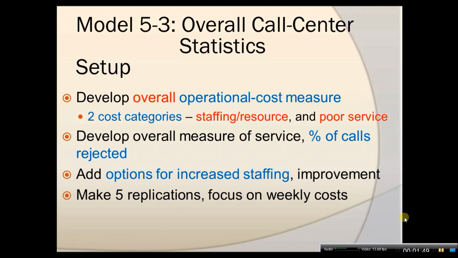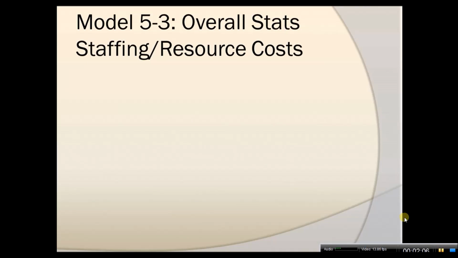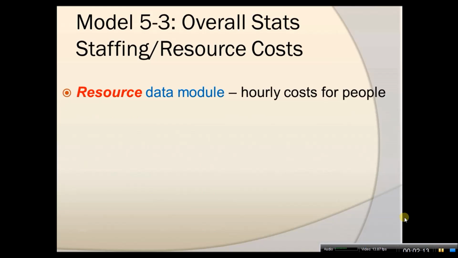We're going to make 5 replications and we'll focus on weekly costs. Because our replications are independent and identically distributed, it will not allow us to carry over back office research to the next day. So now let's talk about more details on how we're going to do that.